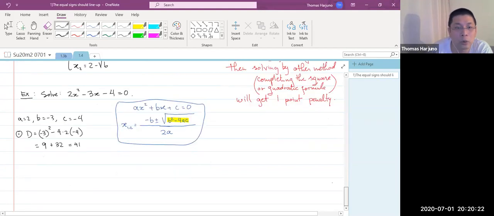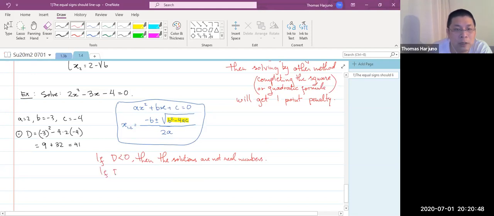Okay, let's put a note there. If the discriminant is negative, then the solutions are not real numbers. It doesn't have real solution.